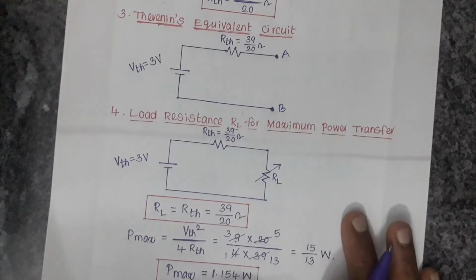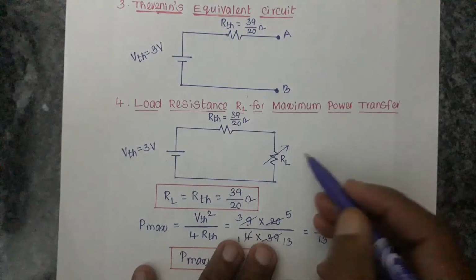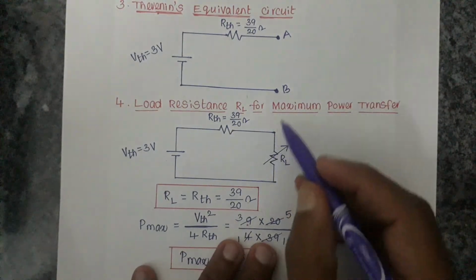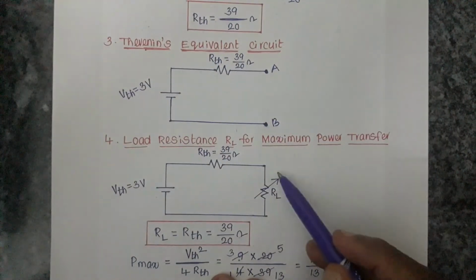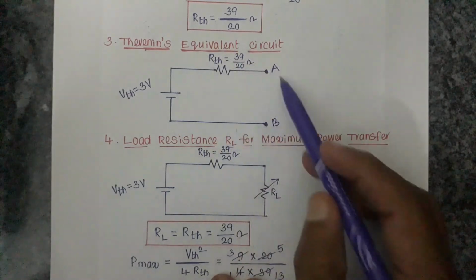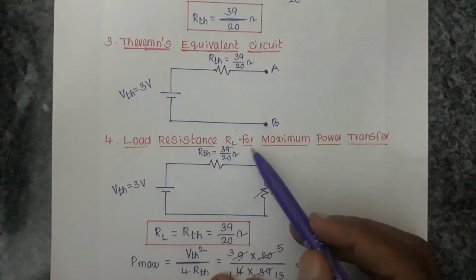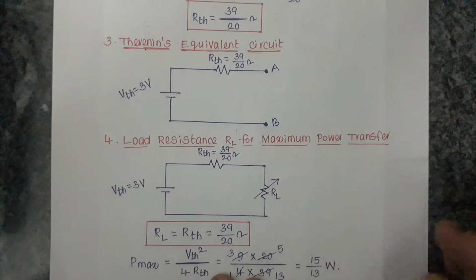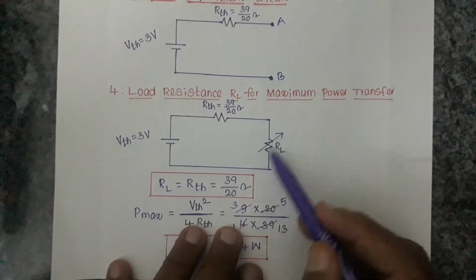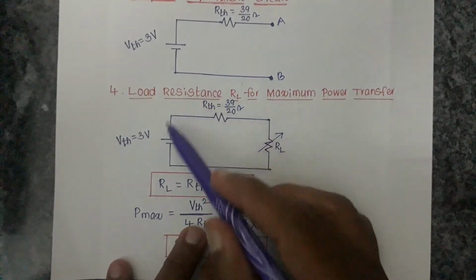In the fourth step, we connect RL to this Thevenin's equivalent circuit, the load resistance RL for maximum power transfer. So connect RL, which is a variable, to Thevenin's equivalent circuit.